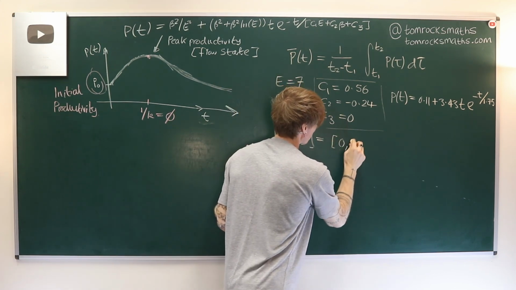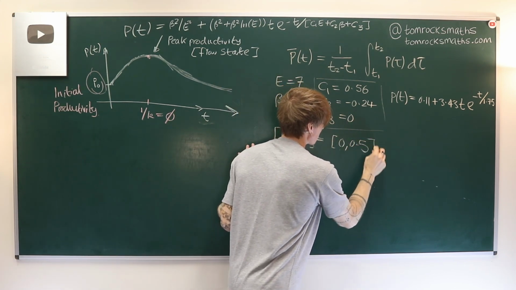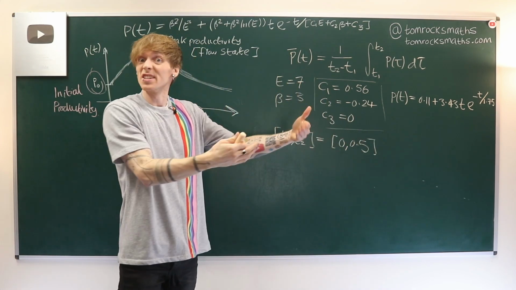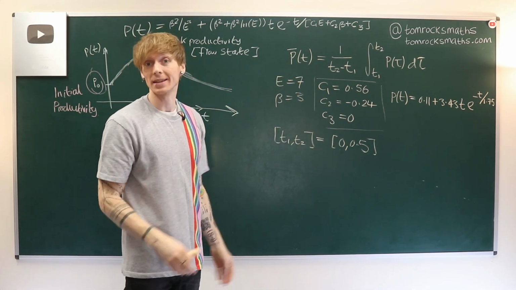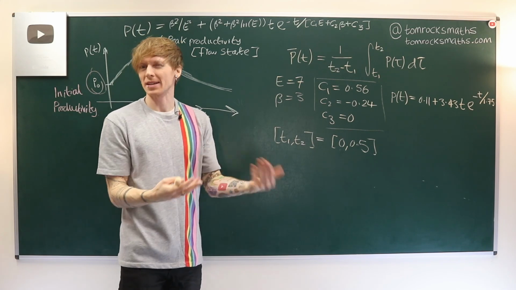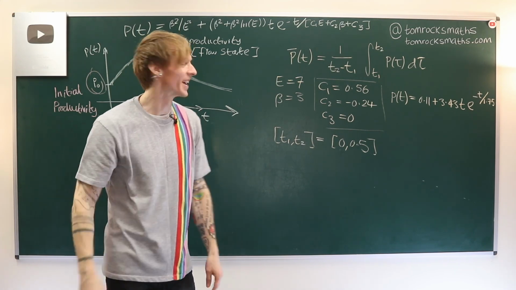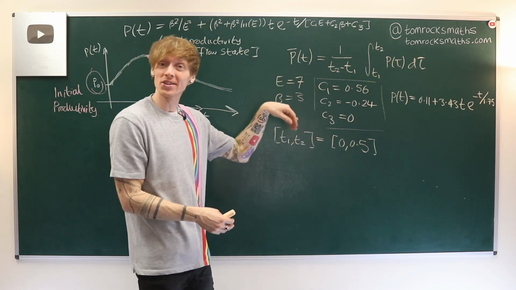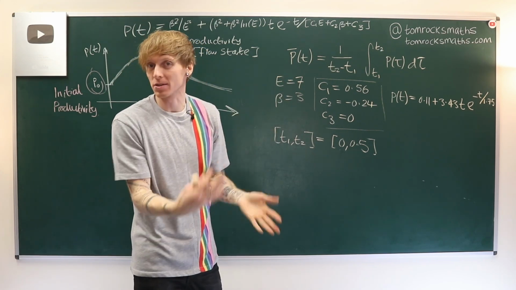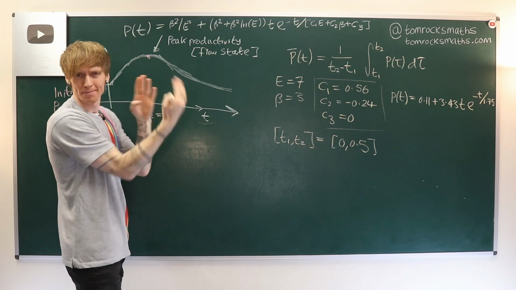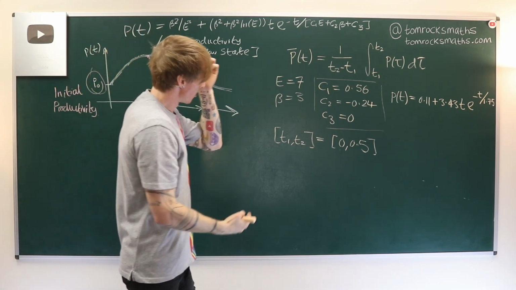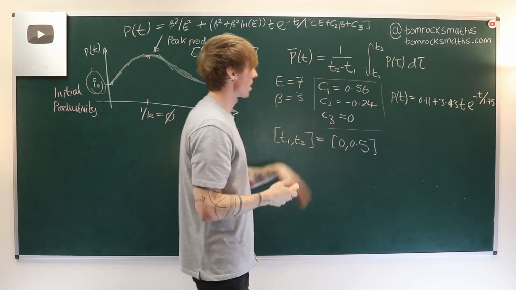So that's 0 up to 0.5 in hours. First 30 minutes of this particular task. So we're not expecting to be hugely productive as it's something we don't really want to do. There's a lot of effort, so it probably will take us a while to get to our peak based on our earlier discussions. But nonetheless, we can compute p bar.